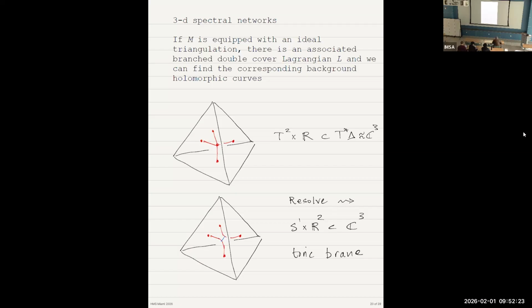So if you put it right in the middle, sometimes you can now resolve this thing as is shown there by smoothing the red dots, and then you would have instead a solid torus inside this tetrahedron. Okay, so that's the toric brane that we saw, and there are indeed three smoothings depending on which leg you go.